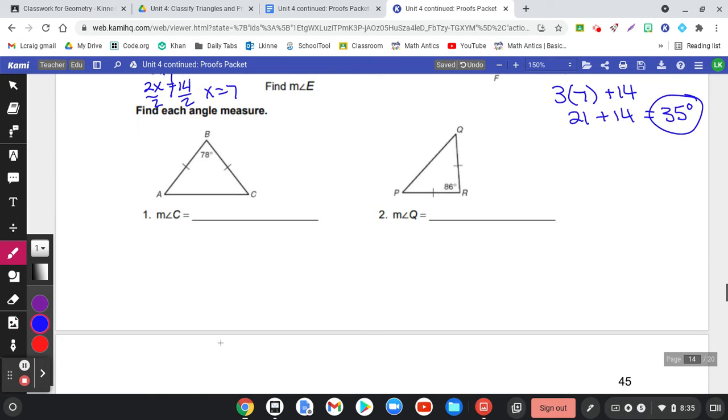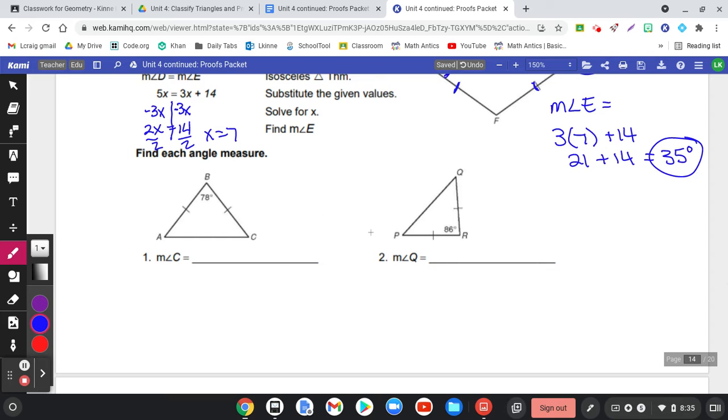All right. Find each angle measure. Again, 78 is your vertex. These are the same, so that means that this side and this side are the same. So if you don't know something, just call it x. So if we add up those angles, we have 2x plus 78 equals 180. That's how many degrees are in a triangle.